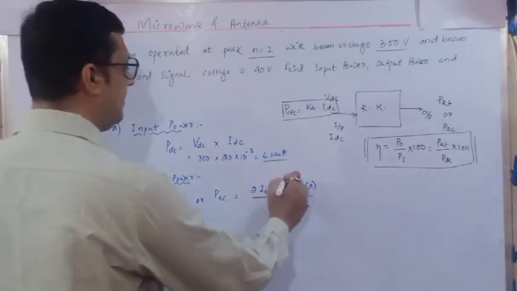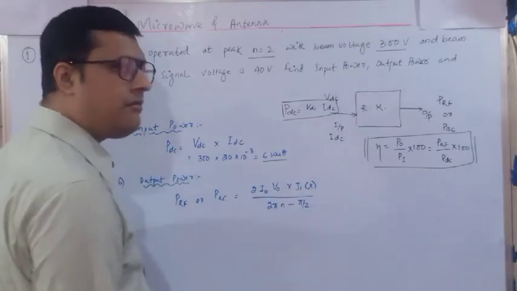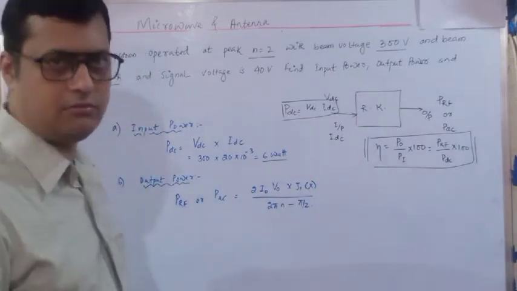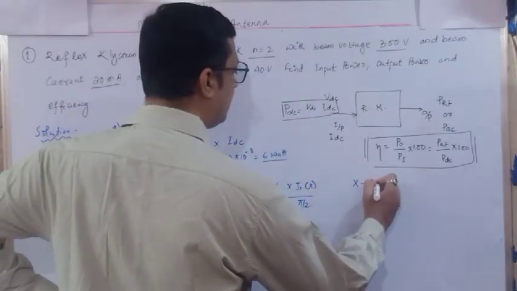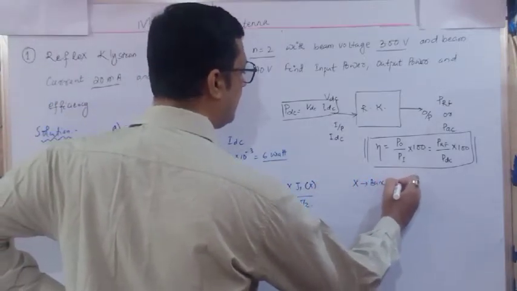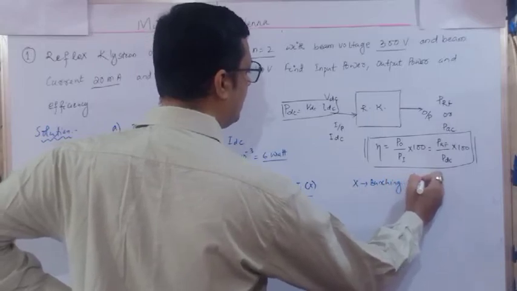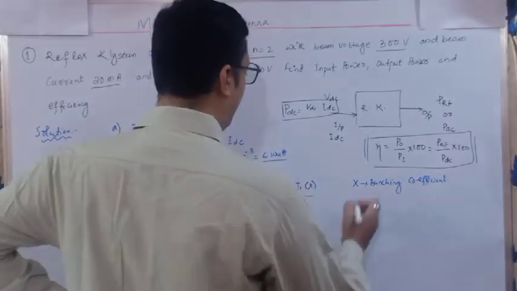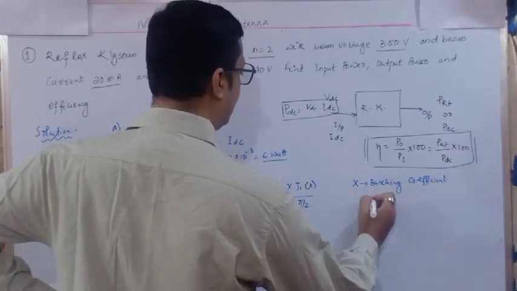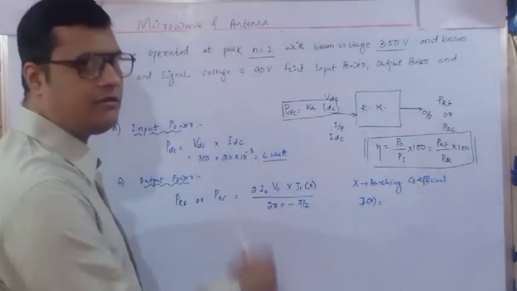Now what is this bunching factor and what is this J1 of x? This value will be given to you. x is called the bunching parameter or bunching coefficient, which we have already discussed. And J1 of x is the first order Bessel function with respect to this value.